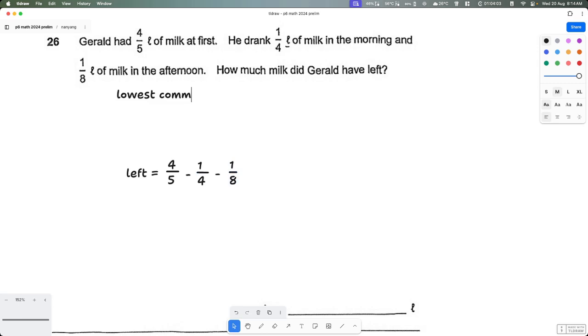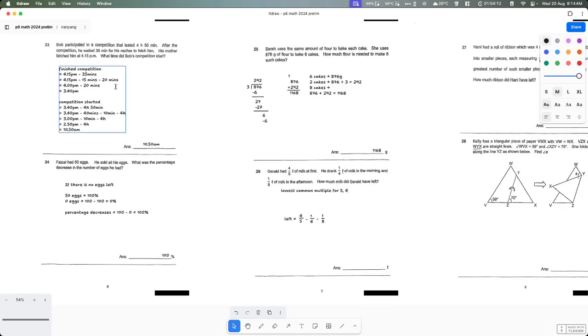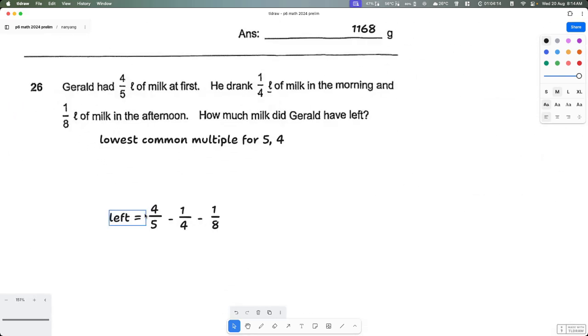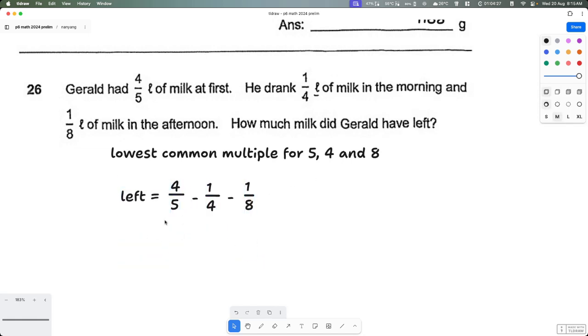Let me see. The lowest common multiple for 5, 4, and 8 would then be 40.